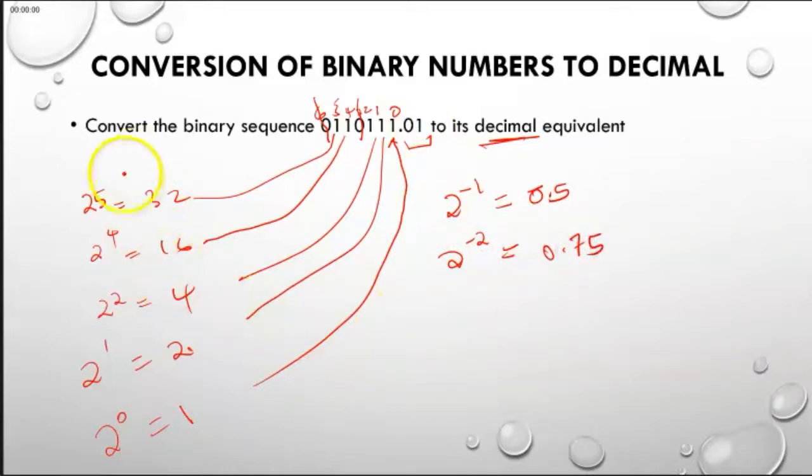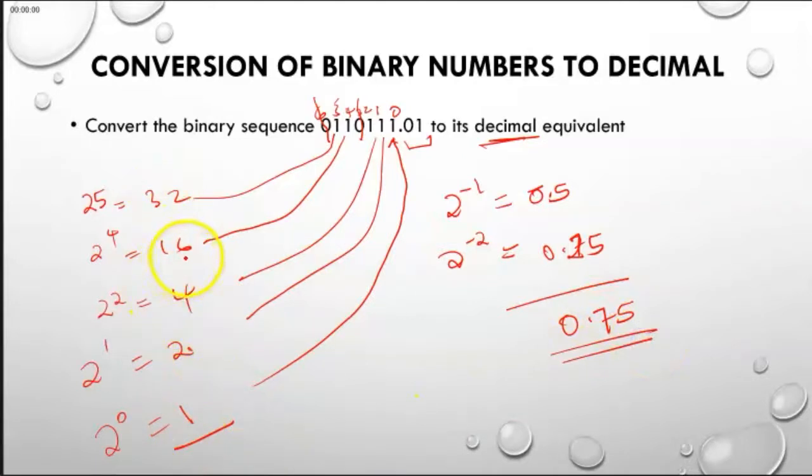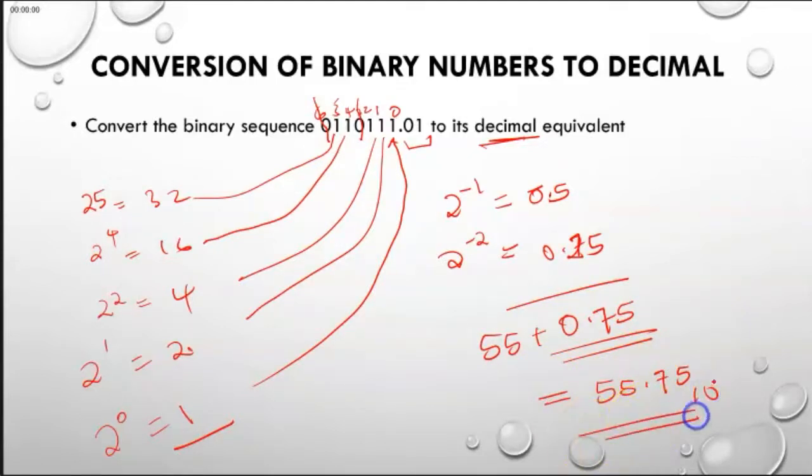The final number is the sum of the whole-number parts and the sum of the fractional parts. Adding up the whole part gives 55, so 55 plus 0.75. The final number is 55.75, which is now in decimal. This is the value represented by this binary number.